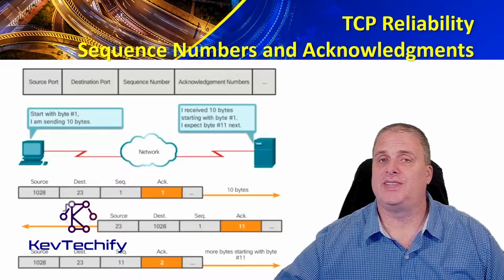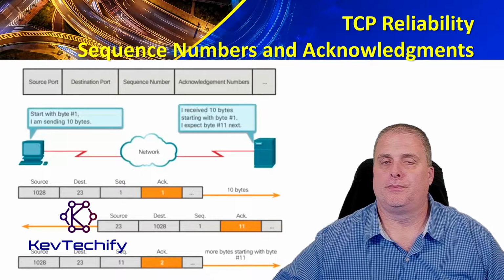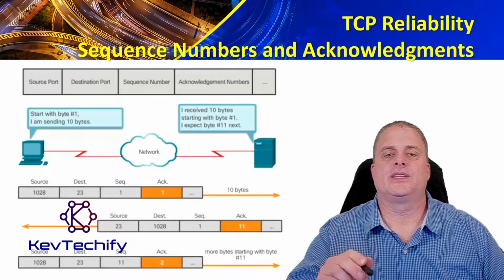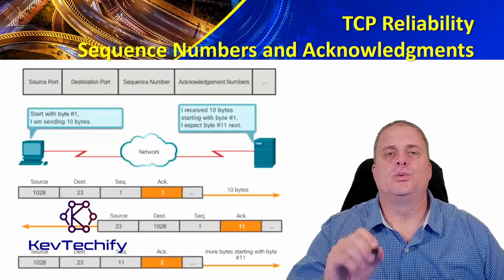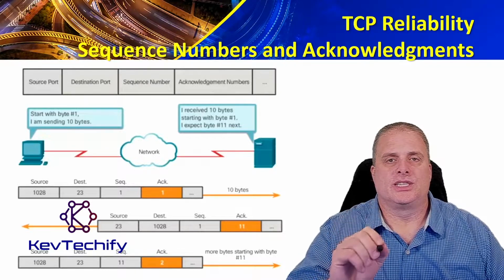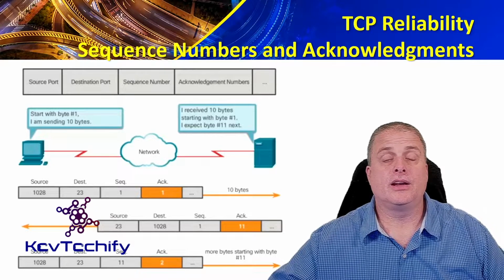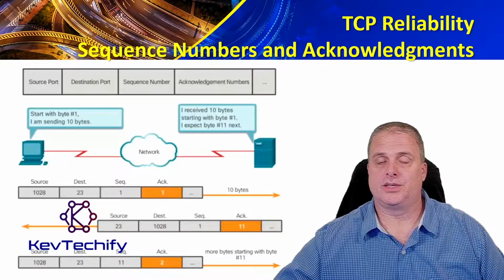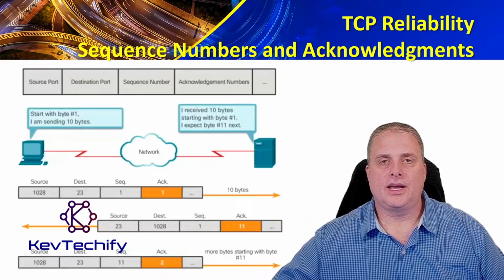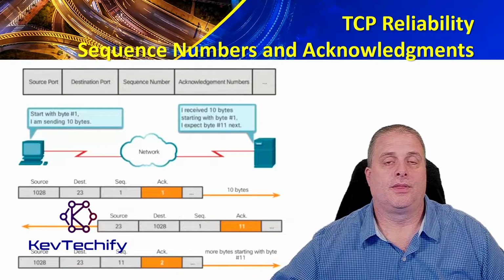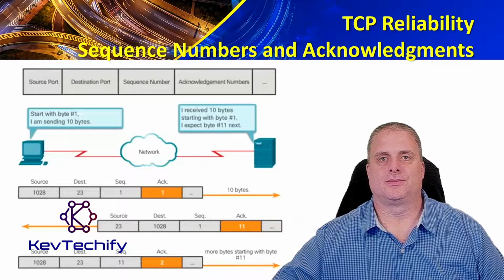So every byte of data is numbered basically in a sequential list. This allows the receiving host to rebuild those segments according to that sequence number. If data arrives out of order at the receiving end, the data can be put together back in the proper order thanks to the sequence numbers.